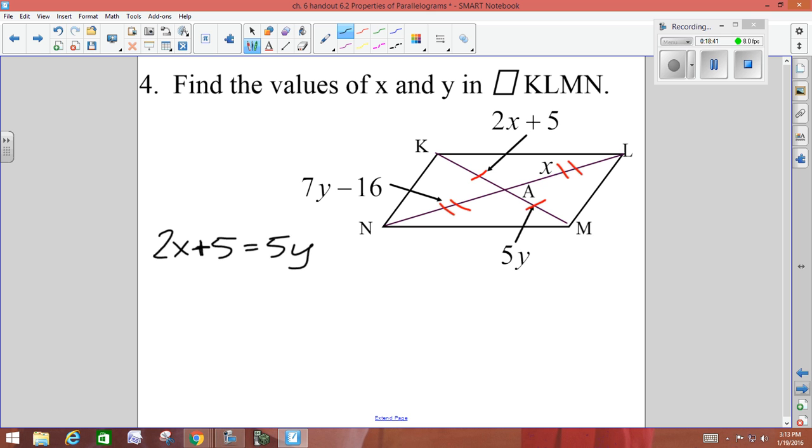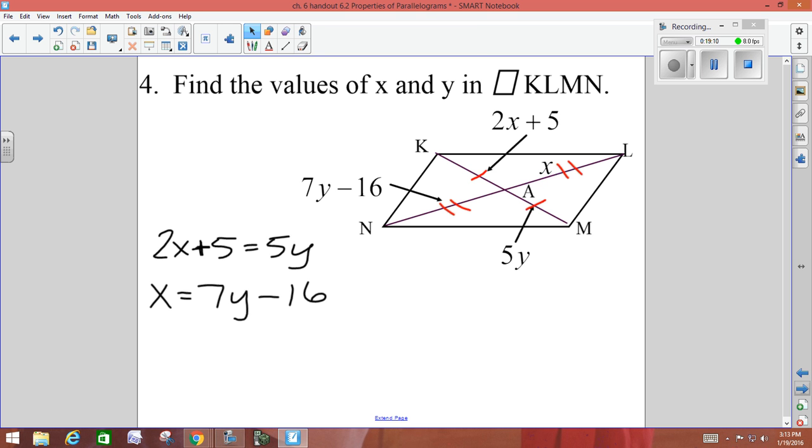KA and AL. Are those two congruent? How else are we going to do this? X would equal 7y minus 16 from the other diagonal? Okay. Good. Other equation, x equals 7y minus 16.